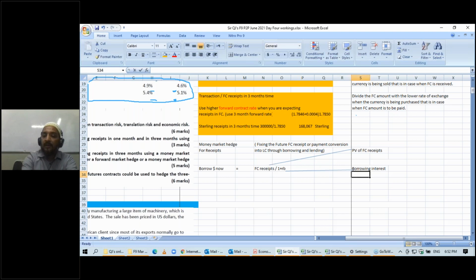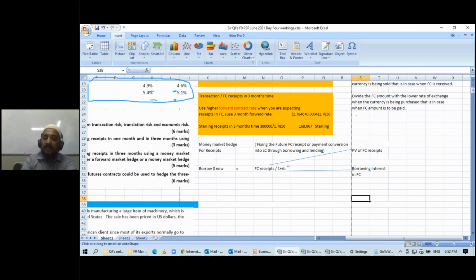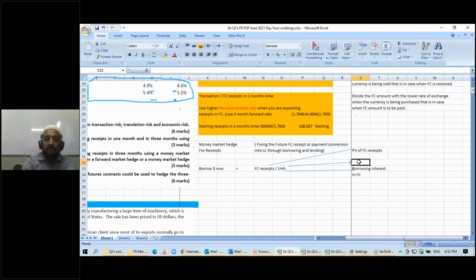The borrowing interest rate in foreign currency, as you are borrowing foreign currency. Secondly, the rates will be given per annum, but you are going to take the rate for 3 months. Use a 3-month rate, because you are not borrowing for 1 year, you are borrowing for just 3 months.